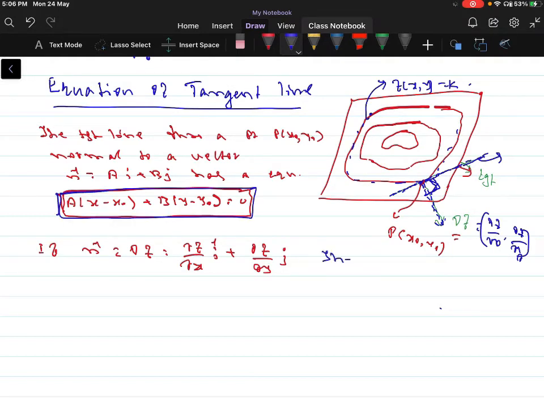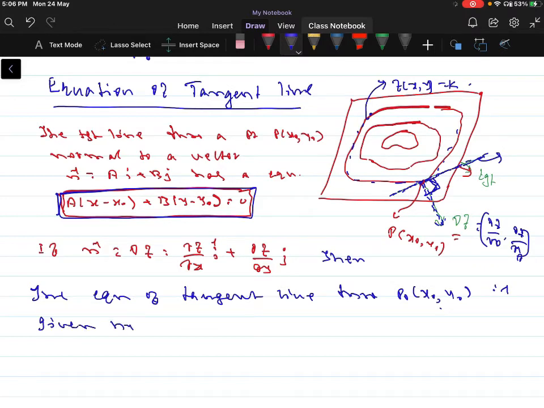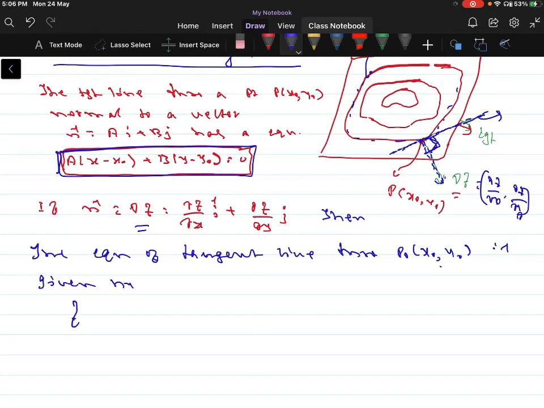So then the equation of the tangent line through the point P0 of (x0, y0), where n cap is equal to gradient of f, is given by fx at the point (x0, y0) into (x minus x0) plus fy at the point (x0, y0) into (y minus y0) is equal to 0.